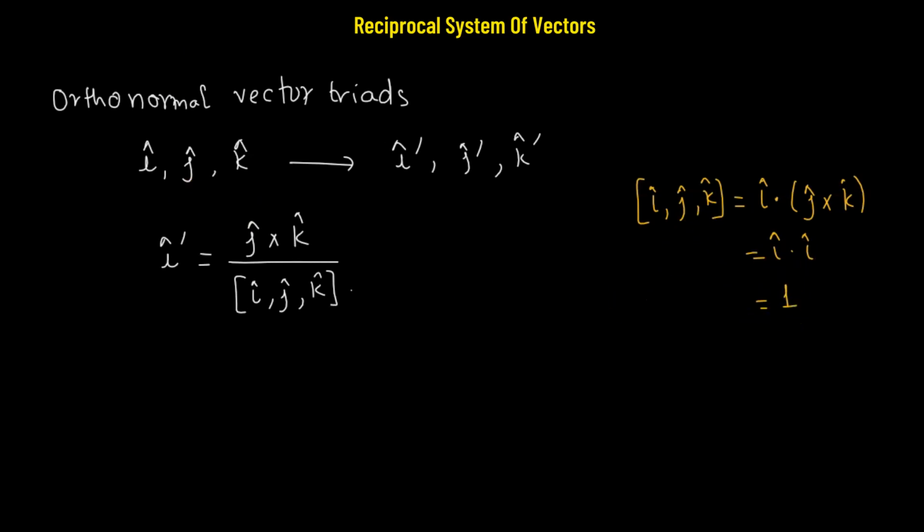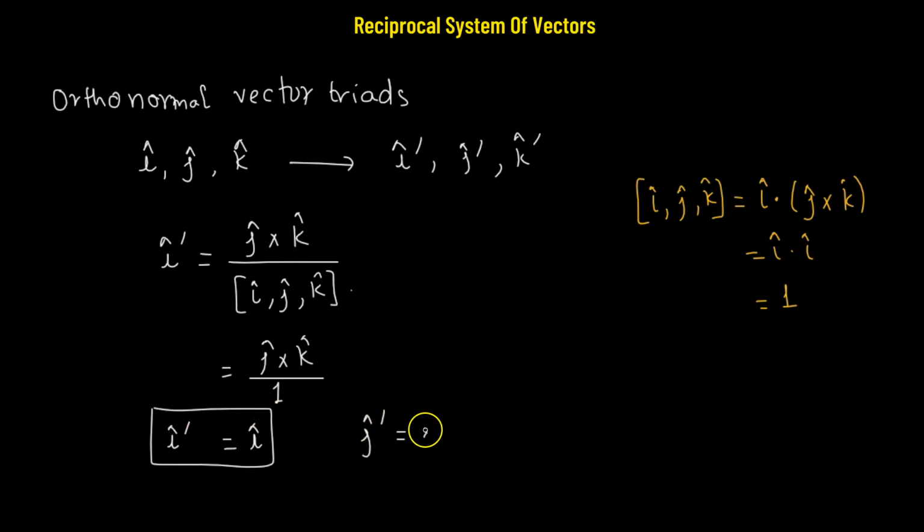So we have j cap cross k cap divided by 1, and j cap cross k cap is i cap. That means, for the reciprocal vector set, i cap prime equals i cap. Similarly, j cap prime equals j cap, and k cap prime equals k cap.